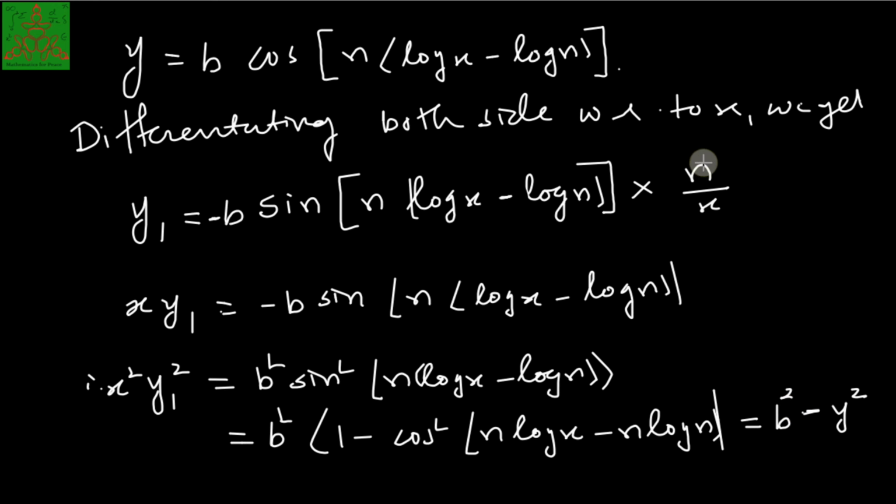Oh sorry, I have forgotten this n here. So that is n square will be there. So it is n square b square minus n square y square. So let me write what we finally got. It is x square y1 square is equal to n square b square minus n square y square.